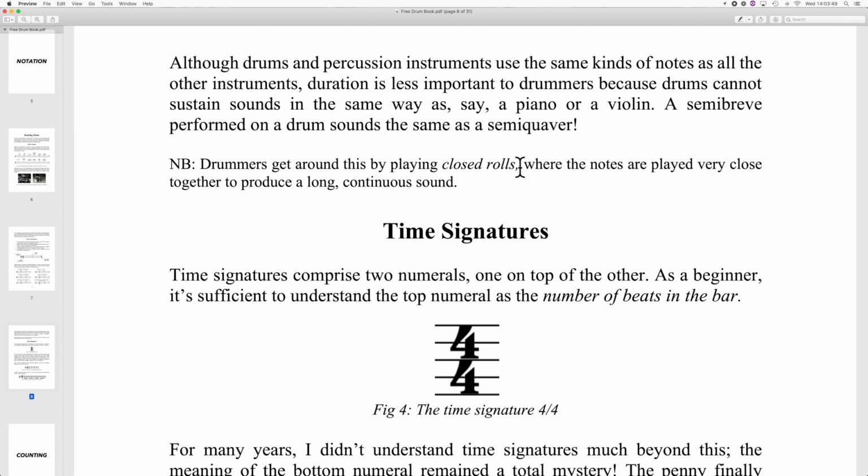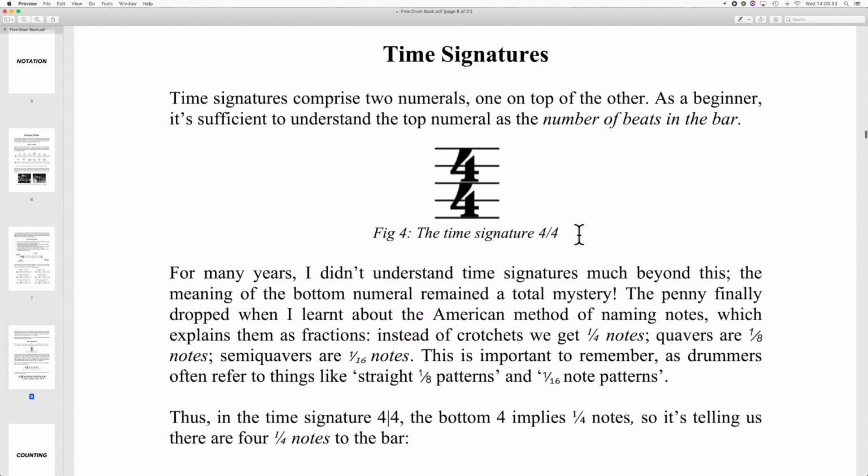Okay, moving on. Time signatures. Now time signatures are another one of those subjects which it's easy to gloss over, but it's probably a good idea just to address them. We don't have to go into tons of detail, but just get a general gist of what they mean. So a time signature comprises 2 numerals, one on top of the other.